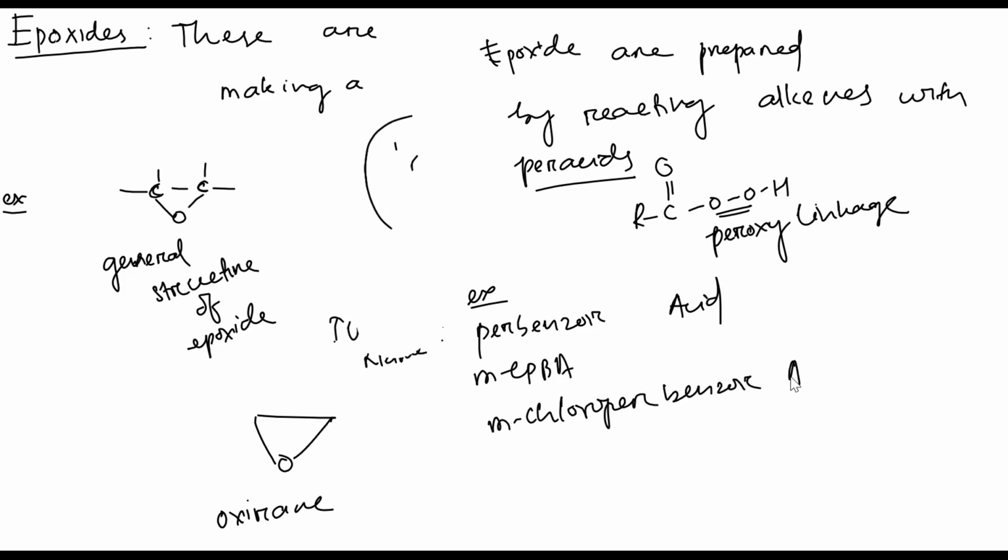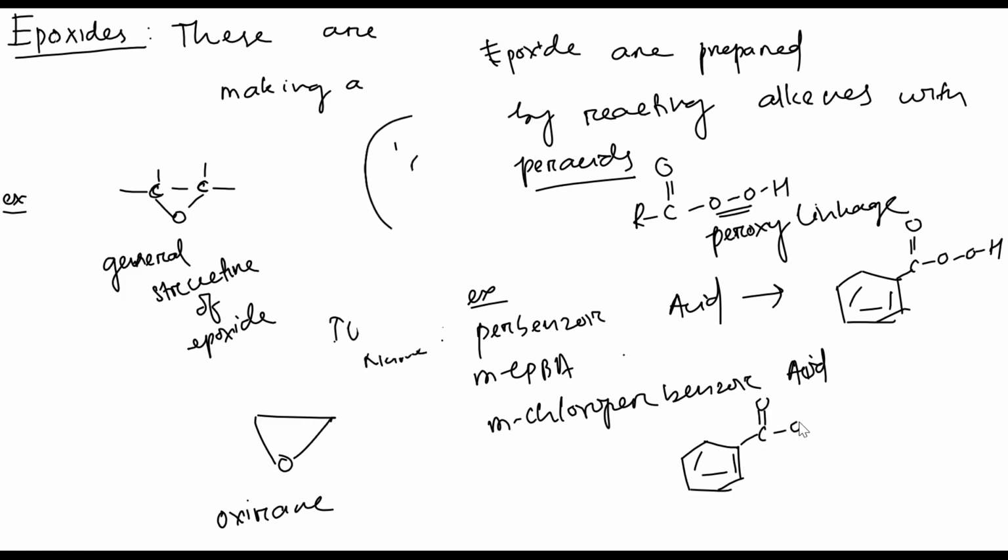The structure of perbenzoic acid is like this: benzene ring, carbonyl group, oxygen, single bond oxygen, H. If we consider metachloroperbenzoic acid, the structure has that perbenzoic acid group, and in the meta position, ortho, meta, and para, one chlorine group, which is electron withdrawing in nature, is attached to the benzene.